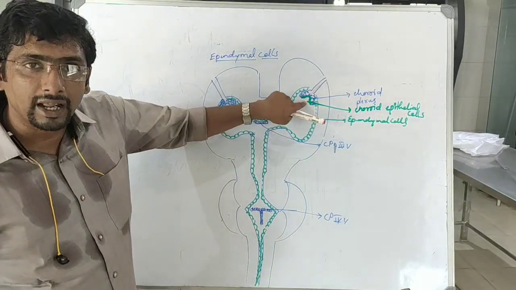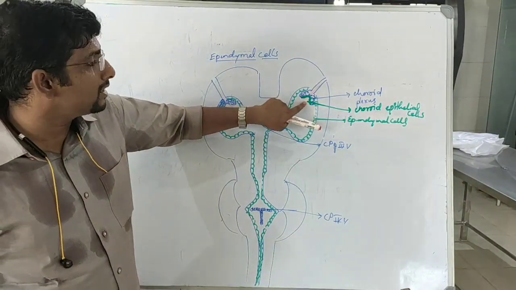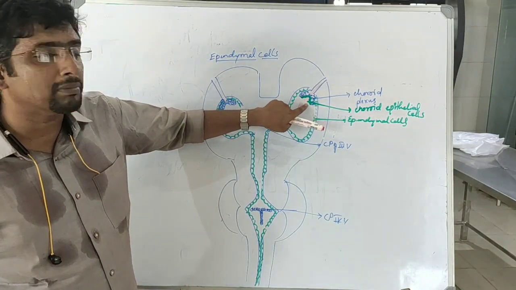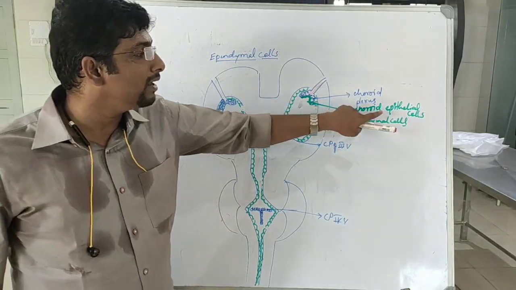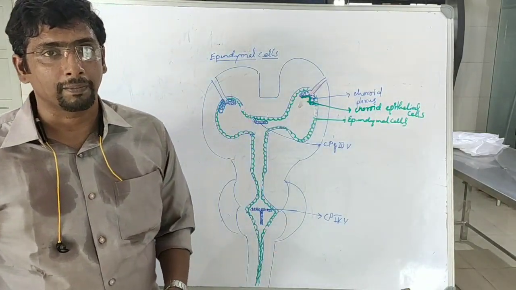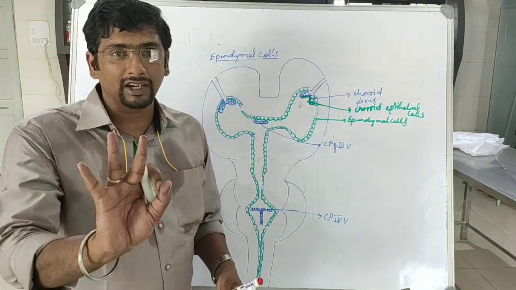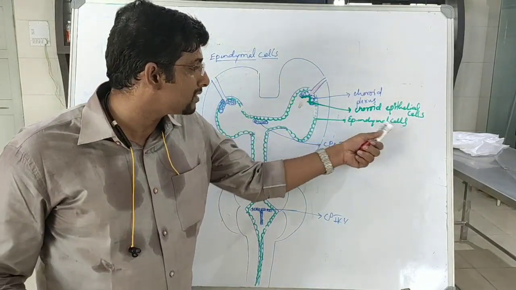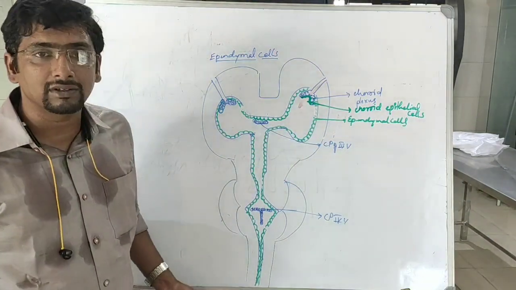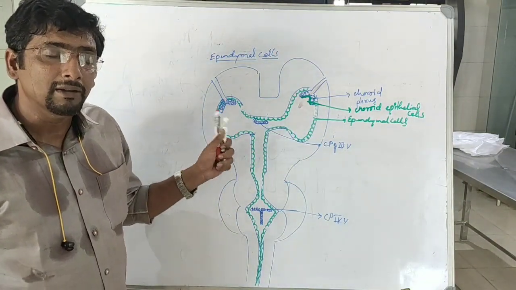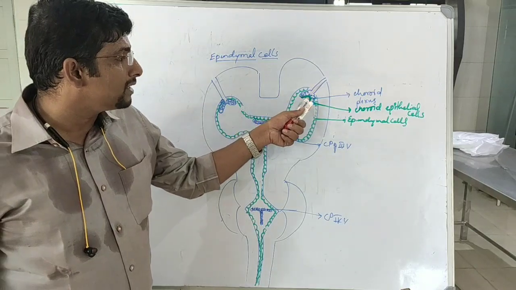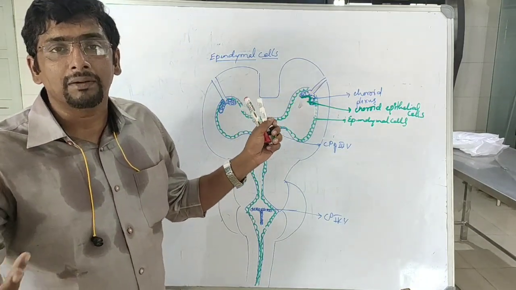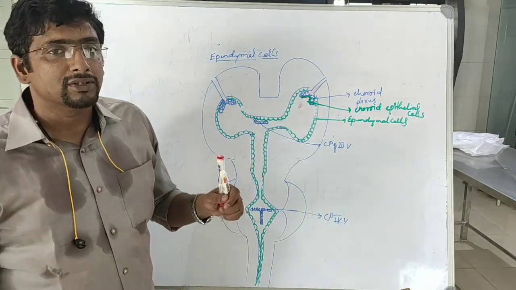These ependymal cells surrounding the choroid plexus are called choroid epithelial cells. So there are three varieties of ependymal cells. One is the ependymal cells present everywhere on the inner surface of the ventricles. Some are present on the choroid plexus, which help in the synthesis of CSF.